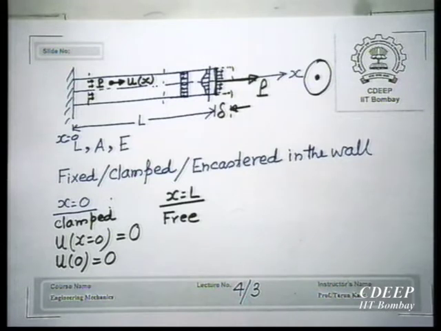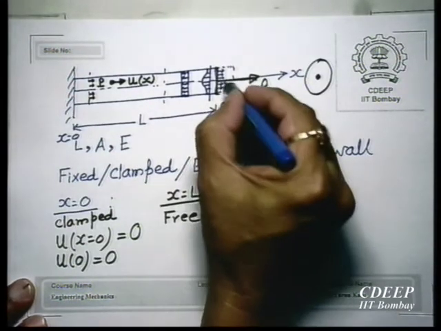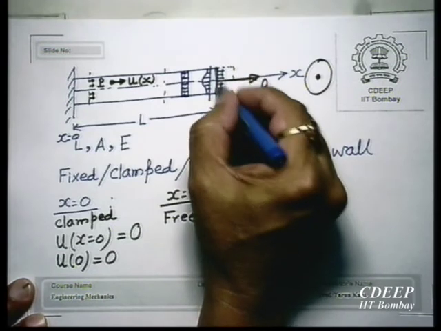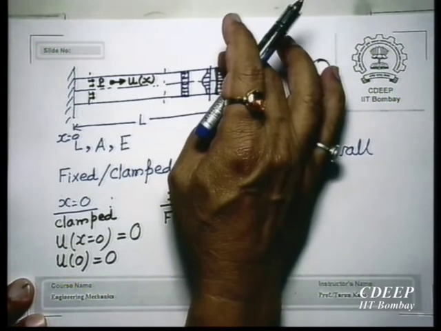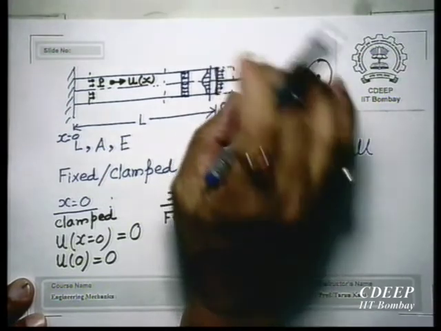So it is uniform. At the free end, u is allowed, but then something else is there. Stress is prescribed here because of P, the load is there. You have a prescribed distribution of stress at the free end.